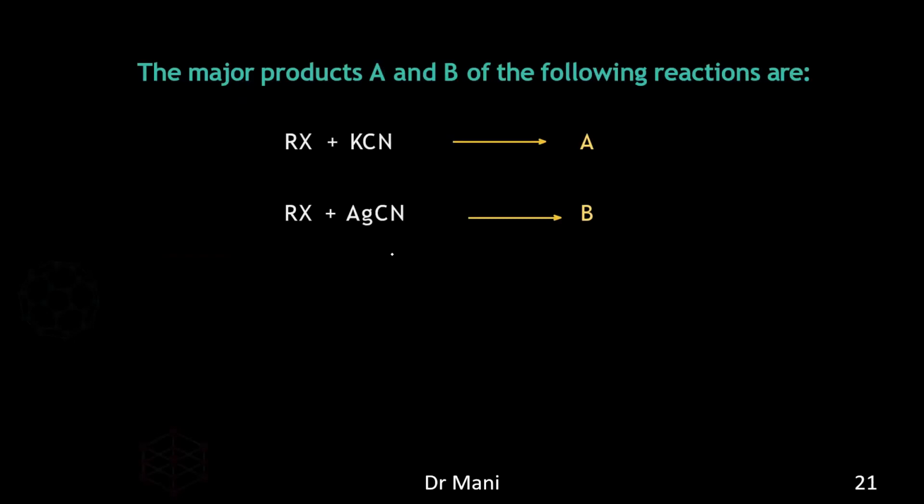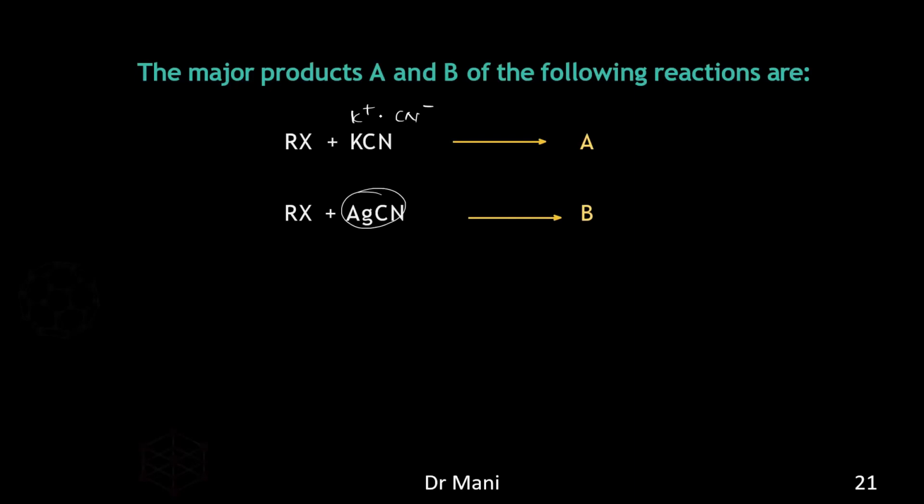So RX plus KCN, RX plus AgCN. What happens here? So how will the KCN molecule break? K plus CN minus. And AgCN? Okay, tell me at least this reaction. What happened here?